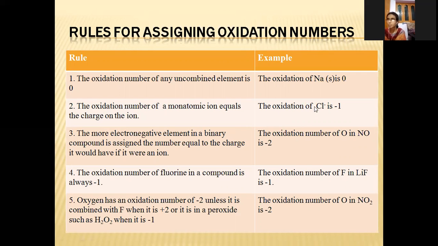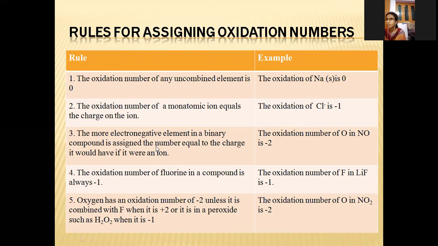For example, the oxidation number of chlorine. See here, only one minus is there. So it is minus 1. Here only one negative is there.